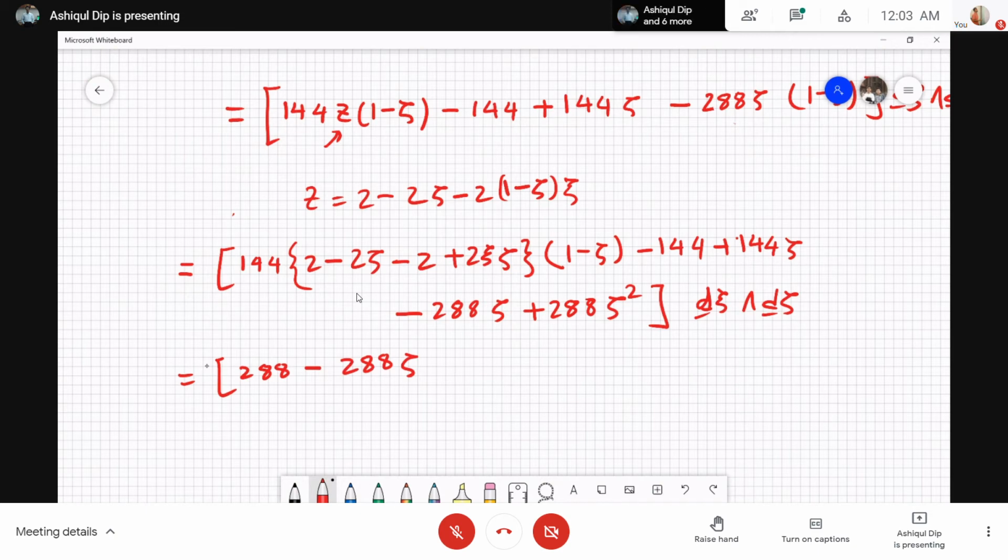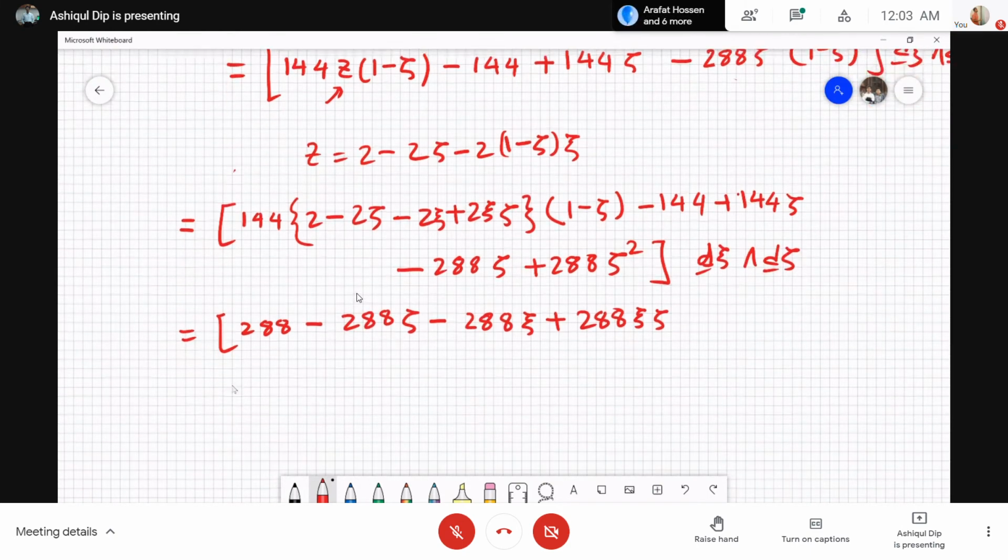Actually, I don't think they do. Oh, I made a mistake over there. That should be a xi. Okay, that's correct. Minus 288 xi plus 288 xi times zeta. Then again the same thing with a minus sign and xi power increased.